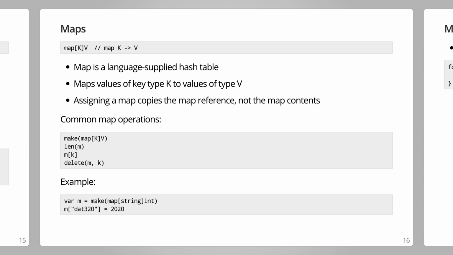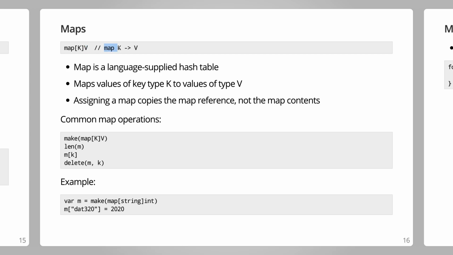So a map is defined in this way. You specify map, and you give it a key type. You specify in angle brackets here a key type, and after the bracket you specify the value type.